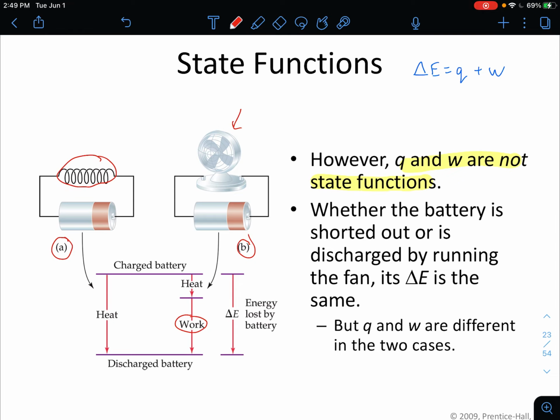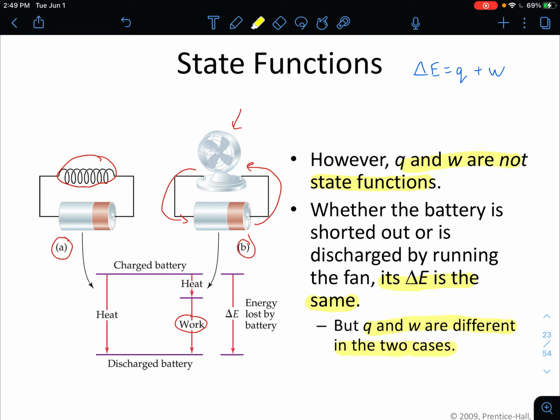But the battery is still going to lose some of its energy just through the wire as it travels in that system. So we're saying in each case, imagine we started with a charged battery and we got all the way to the discharged battery, then that would mean its internal energy change is the same, but Q and W are going to be different in the two cases.